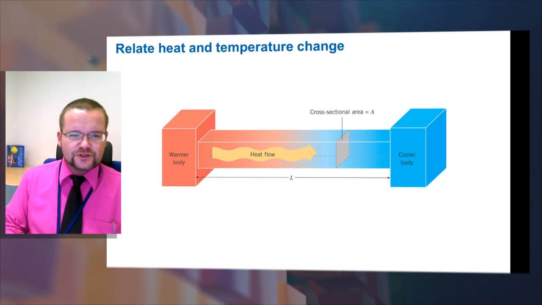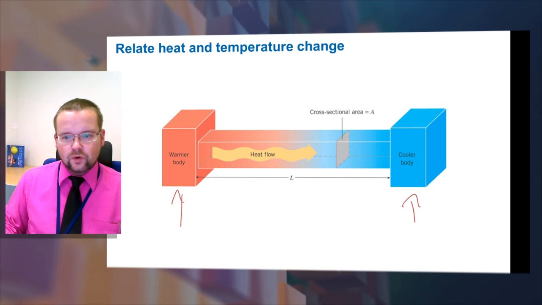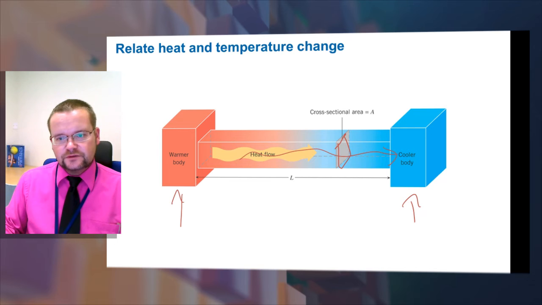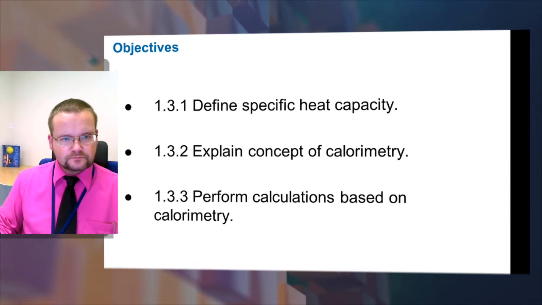Here's a visual depiction of heat flow from the warm body to the cold body in a very basic type of diagram. So we have heat flow from the hot moving down to the cold, similar to the hand holding on to the coffee cup.